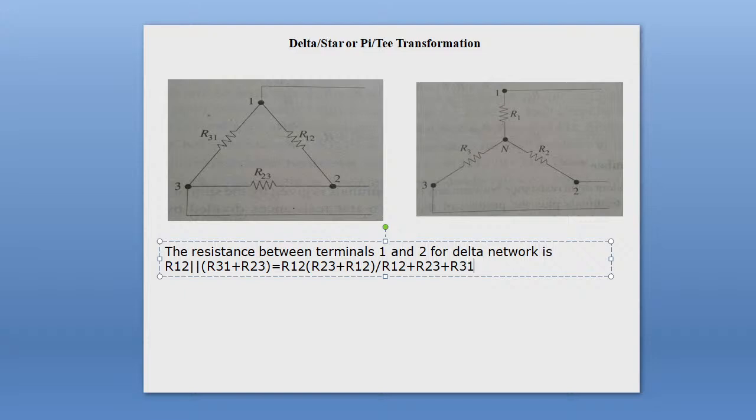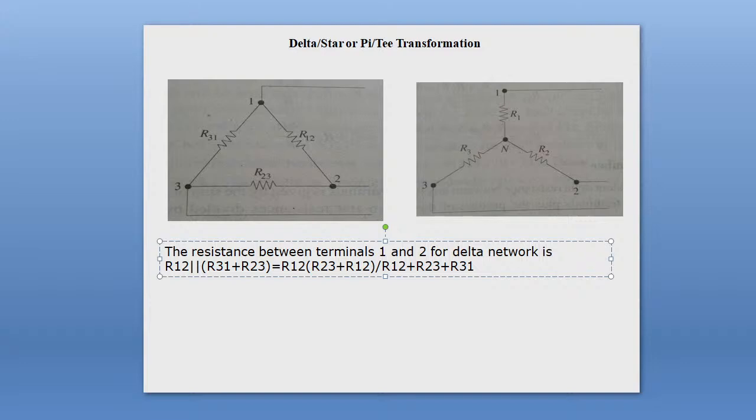Okay. You just see, this is a very simple approach, a basic or fundamental concept. If a few resistances are connected in parallel, then their equivalent resistance is nothing but the ratio of the product of the resistances divided by the sum of those resistances. So therefore we can write this.